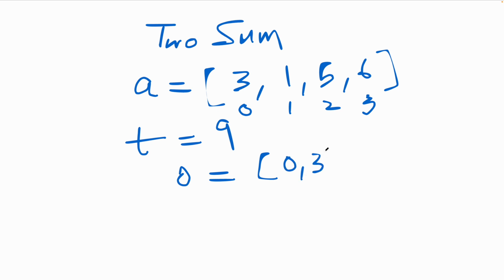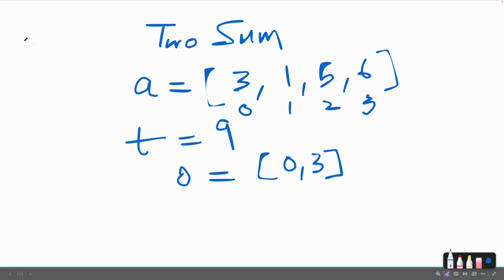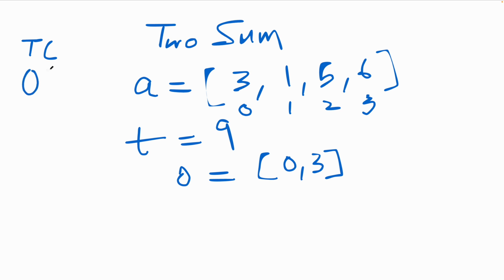So if there are no 2 elements which lead to a target of 9, we will return an empty array. Now, with the brute force approach, our time complexity is basically O(n²). Why? Because we are iterating through every element in a nested loop.